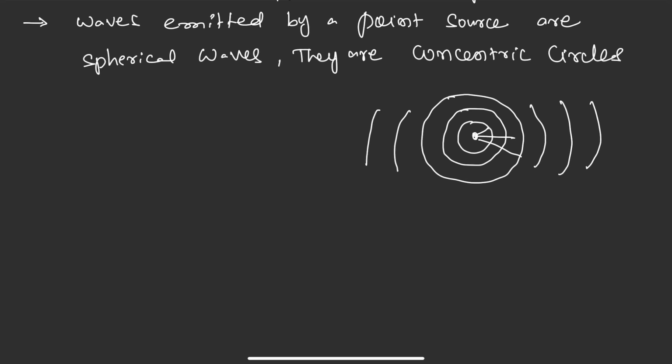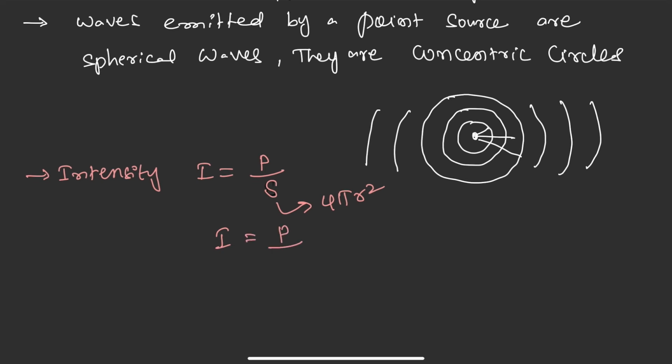Now my question is how to find the intensity of this source. Intensity I is power per surface area. The surface area is 4 pi r square, so I is equal to P by 4 pi r square.